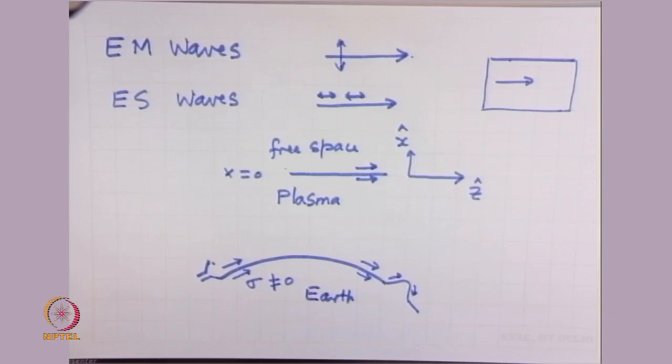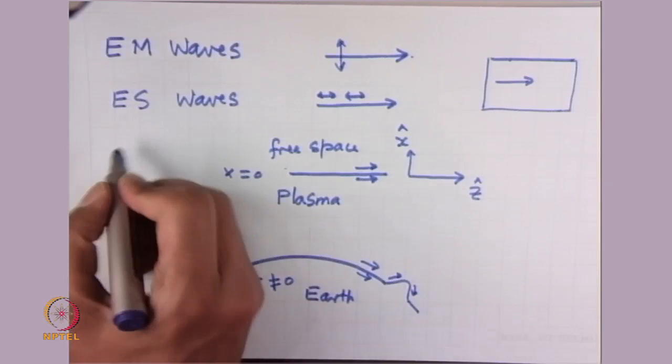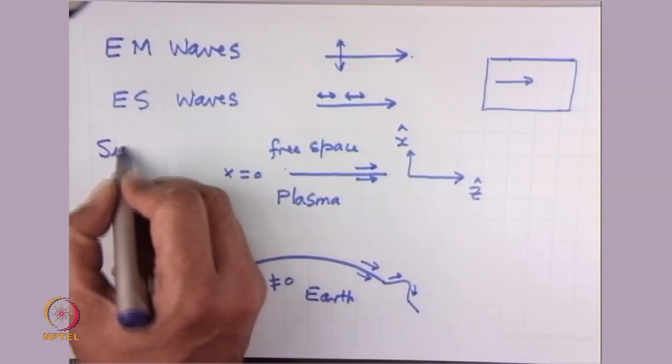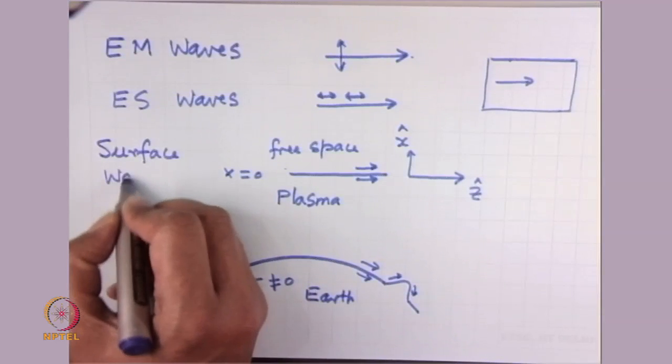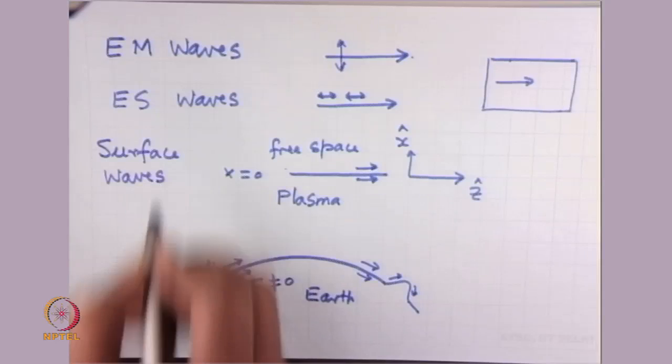And their propagation has been recorded up to distances of several thousand kilometers, and the attenuation is also not very large. So that is a beautiful example of surface waves being employed for communication. These waves are called surface waves in communication jargon, but in plasma physics they are known as surface plasma waves.